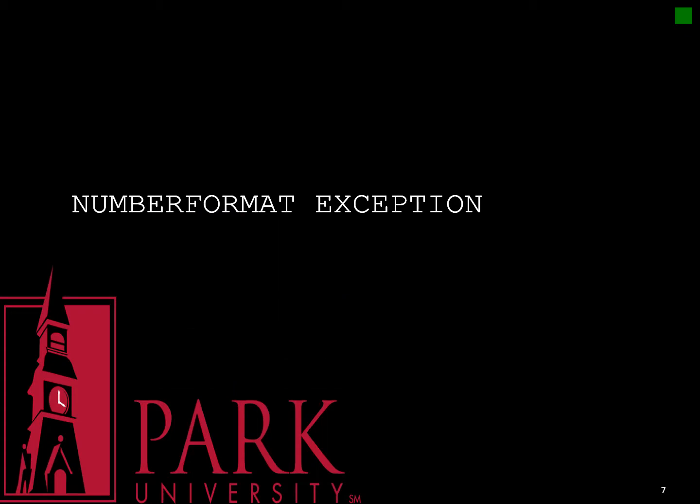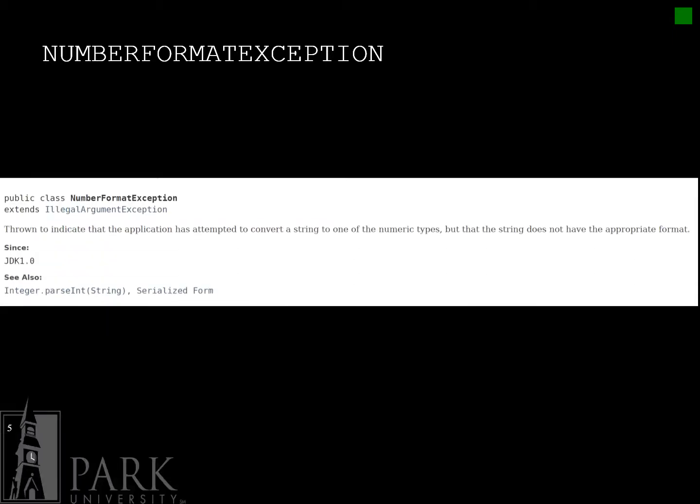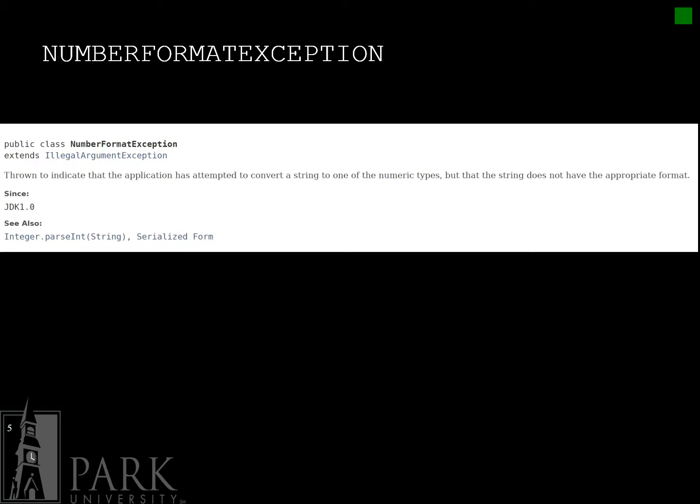Now, there's lots of different types of exceptions that can be thrown, and we're not going to cover all of them, but let's take a closer look at the number format exception. The number format exception is well named because it is thrown when a number's format is inappropriate. Here you can read the Java docs description of the exception: attempted to convert a string to one of the numeric types, but that string doesn't have the appropriate format.